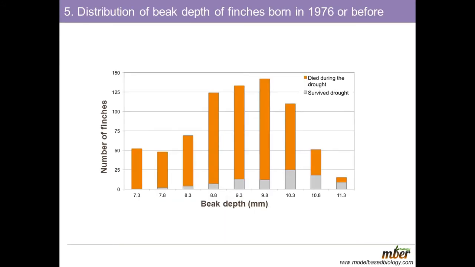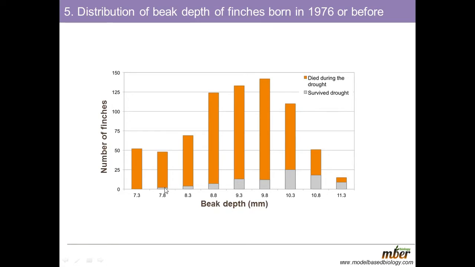All right, so now let's look at the impact here. The orange shows you the numbers of finches that died during the drought. So you can see that the vast majority of the finch population died. The gray shows you who survived, the numbers that survived.